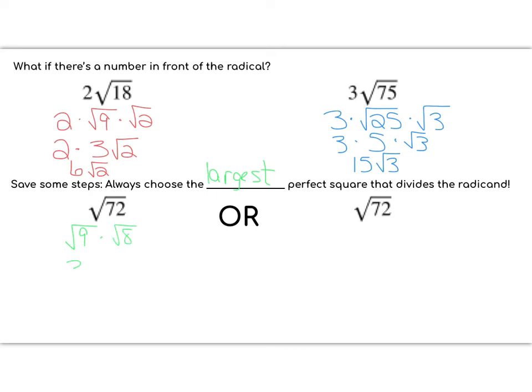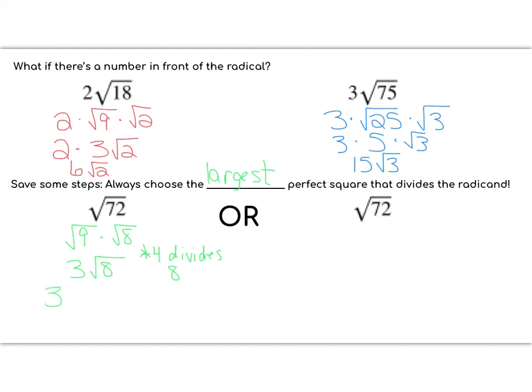The square root of 9 is 3. The square root of 8, not a perfect square, and I think I'm done. But notice that 4, which is another perfect square, divides 8. You are not done if a perfect square still divides the radicand. Remember that the definition of simplifying is that no perfect square can divide the radicand. So I need to do this again.